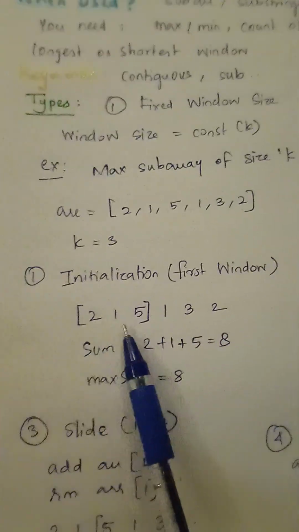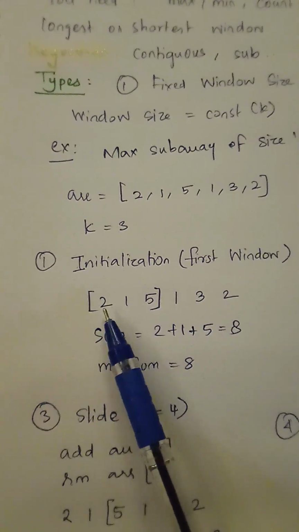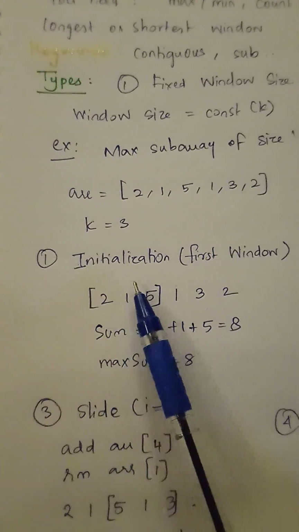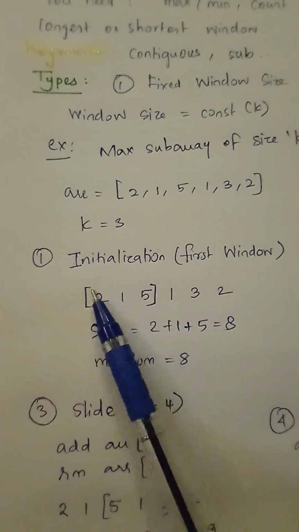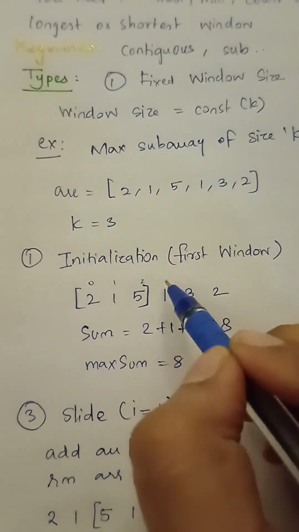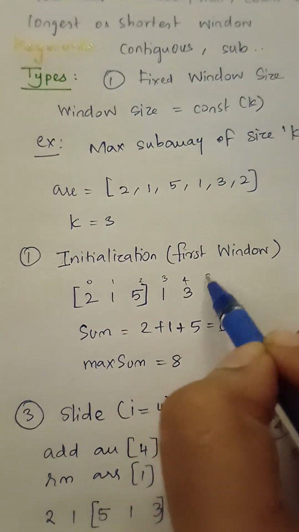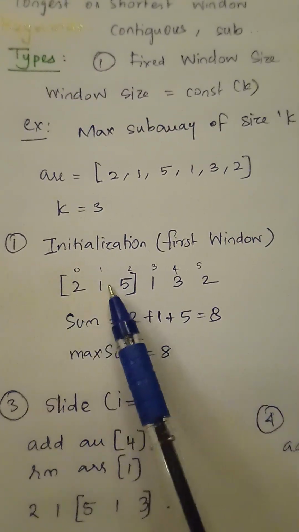So let's see the first step. We have our sliding window at array positions 0, 1, 2. Here we have the index values 0, 1, 2, 3, 4 and 5. Initially we start with 0, 1, 2.